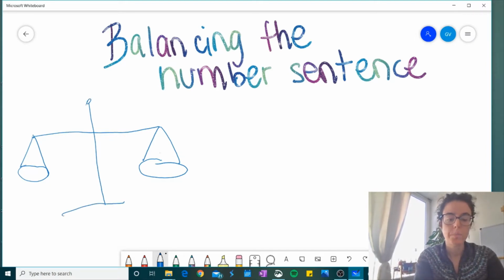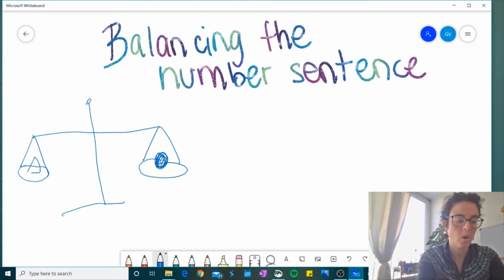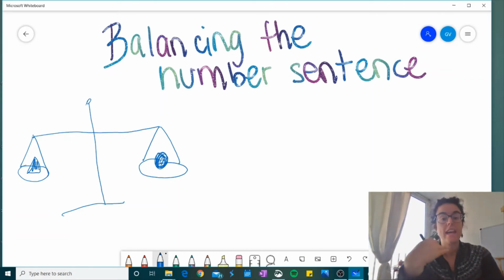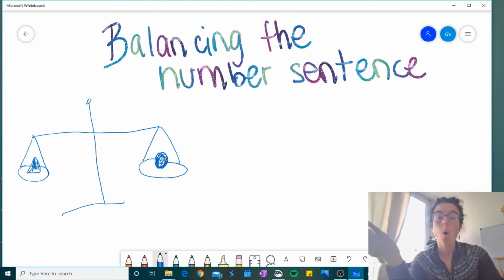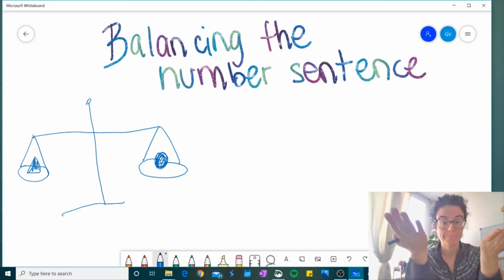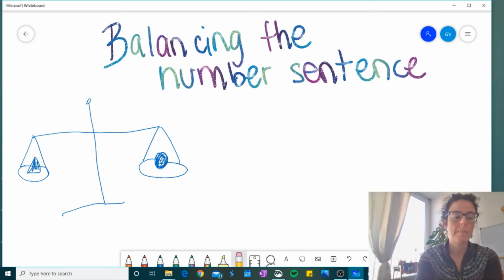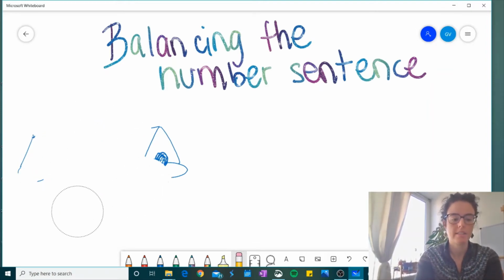And so you would put maybe one thing over here and another thing over here, and you would try to see if one was heavier, if one was lighter, or if they were the same. When we balance something, we want them to be the same. So what does this look like in math with our number sentences?